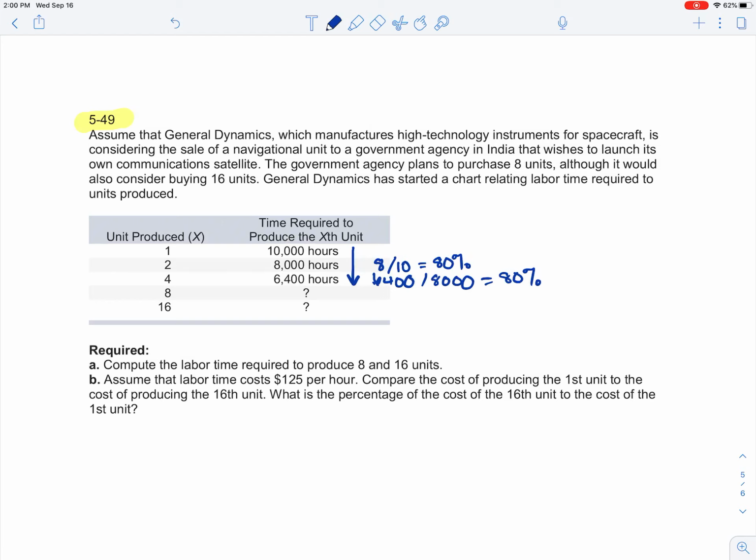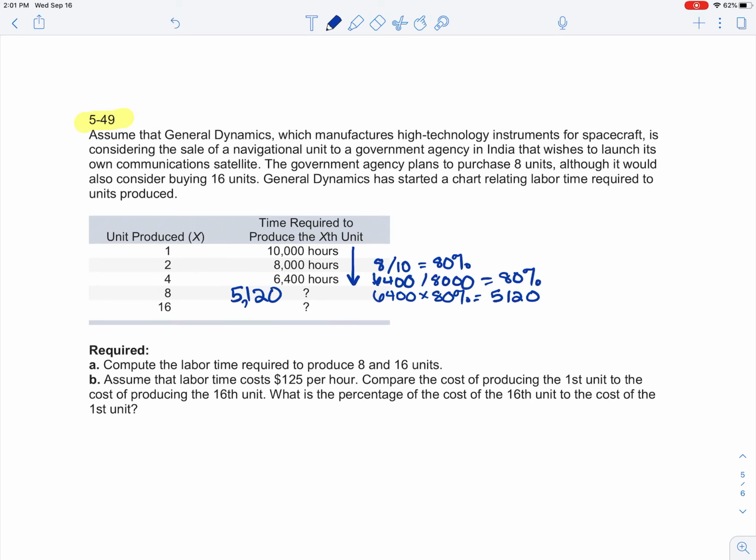Easier said. So let's look at what this means. I'm going to carry that 80% forward to these next line items and say, if it took me 6,400 hours to make 4 units, I'm going to take that 6,400 and multiply it by 80%, and I would get 5120. So that 5120 is going to go here.